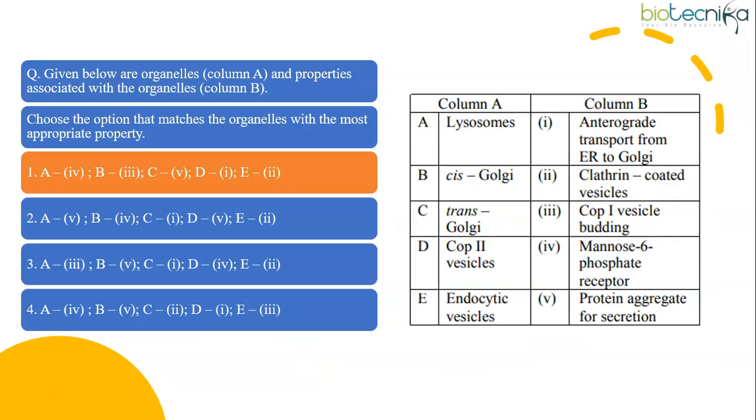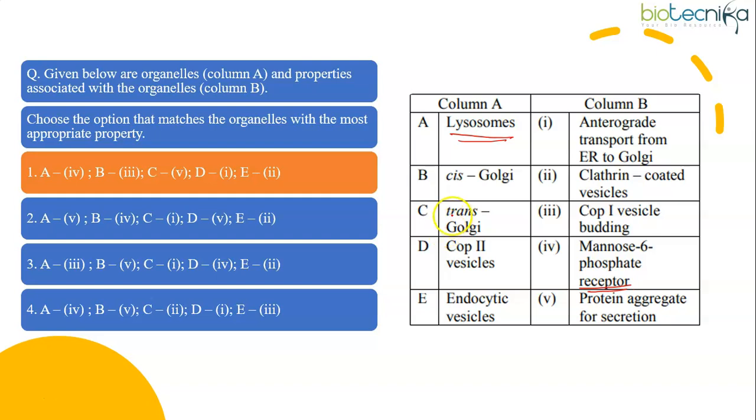The next question is again a match the following kind of question. As you can see, you have cell organelles on one side and some vesicles or transportation on column B. As I mentioned before, lysosomes are the only cell organelle that will have mannose-6-phosphate, so corresponding to that the mannose-6-phosphate receptor will be present.